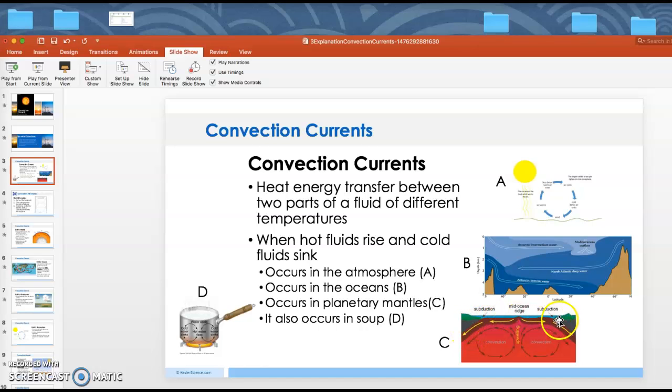This is like the Earth's crust up here, and this would be the core down at the bottom. And as convection happens, it causes volcanoes, it causes movement of tectonic plates, all kinds of things. And then all three of these are super massive, but convection also occurs in your can of chicken noodle soup. That's another place that things like that happen.